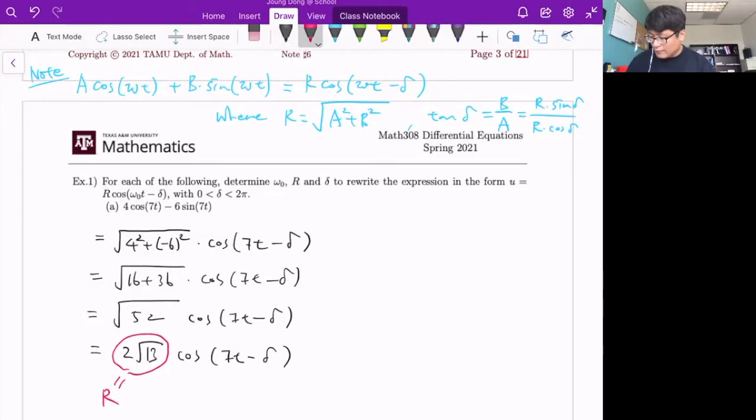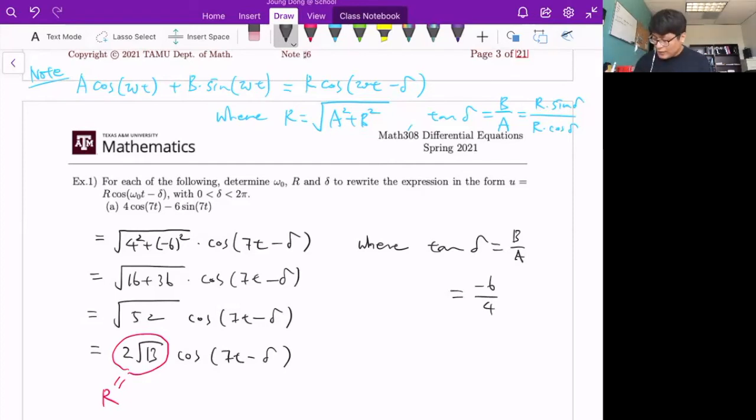Then what is delta? Let's start from tangent delta equal to B over A, which is negative 6 over 4. But wait a minute, your delta must be from 0 to 2 pi. Remember, B came from R sine delta and A came from R cosine delta.